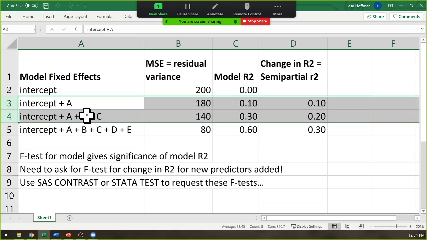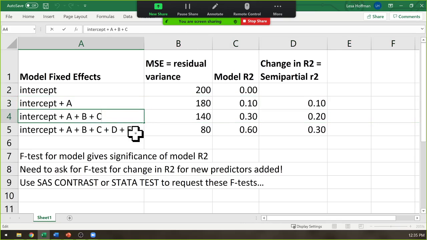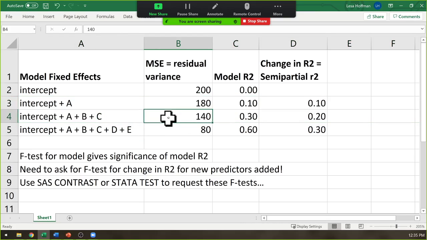You have to do this whenever you're adding more than one thing. In homework 5, it was two different versions of the GRE. And here it's going to be predictors B and C. Let's say that residual variance went down to 140, giving us a total R square for the three predictors of 30%. Relative to the previous model, that's a change of 20%.